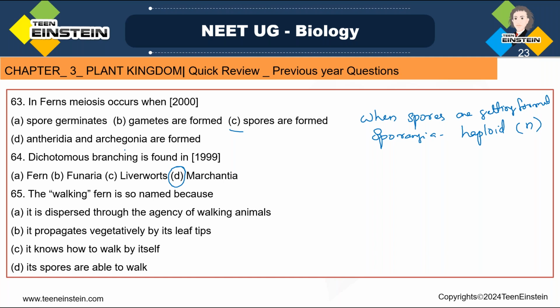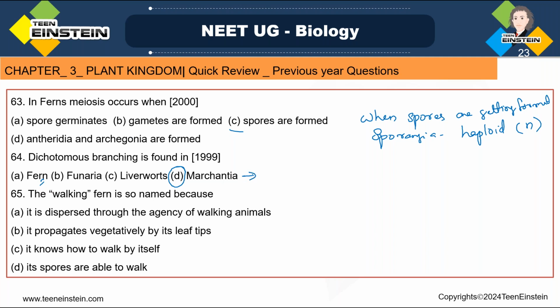See, in mosses, branching is lateral, but that is extra-axillary. So that kind of branching you can see in Funaria. And Marchantia, we know that it is a dorsiventral, dichotomously branched thalloid liverwort. Which one?